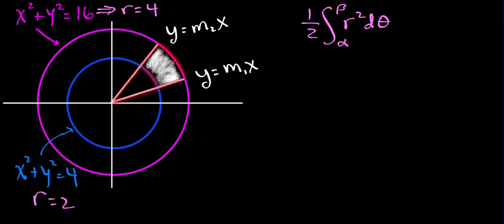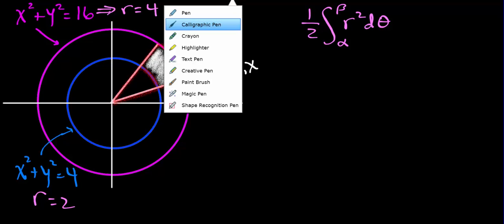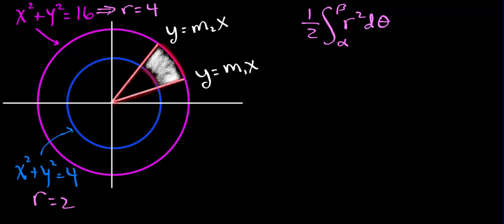If you look at this little region, the outside curve is going to be r equals 4. See, look at these little radii here.